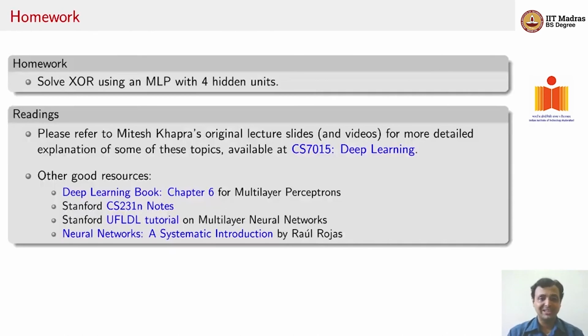Your homework for this lecture is to try to solve XOR using a multilayer perceptron with 4 hidden units. Come up with your own weights and solve XOR using a multilayer perceptron of 4 hidden units. This should also help you understand the theorem that we spoke about, how any Boolean function can be represented by a multilayer perceptron with 2 power n hidden units. This should also help you get an intuition of that.